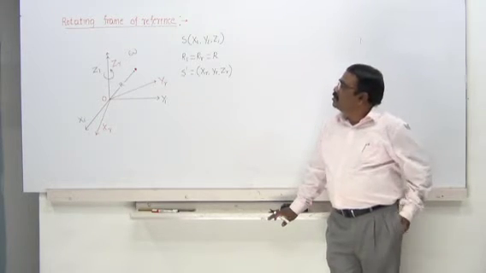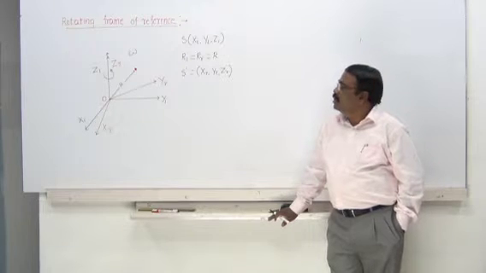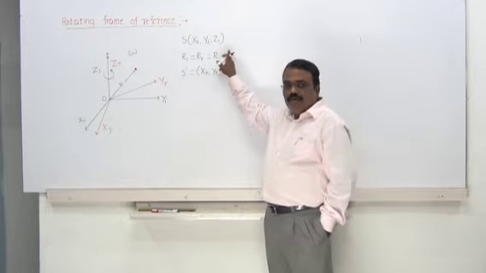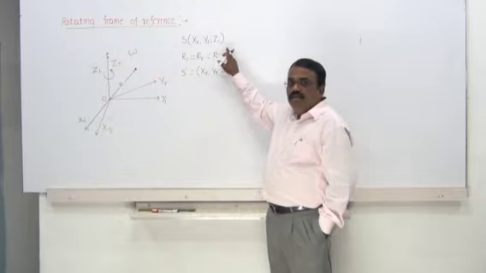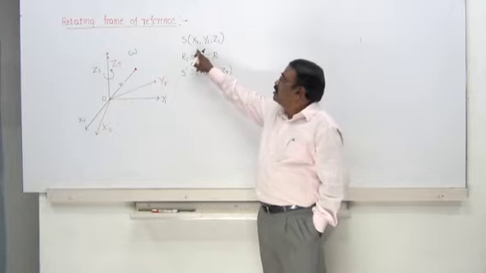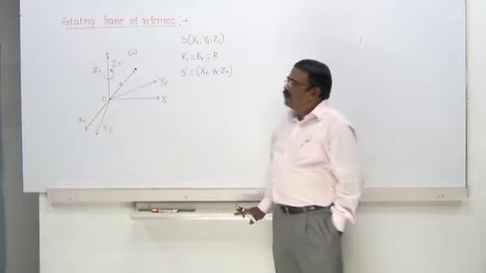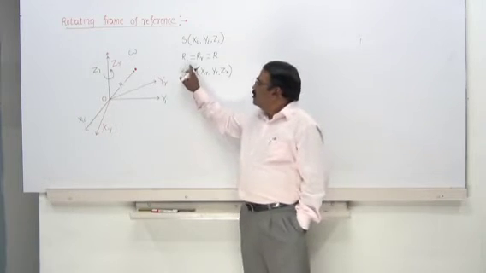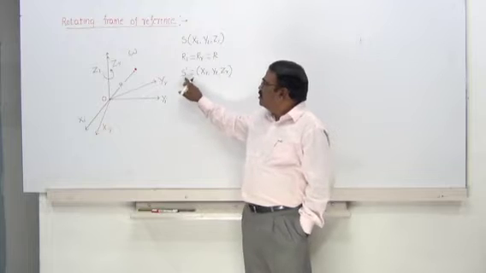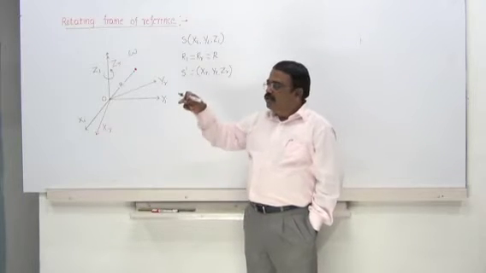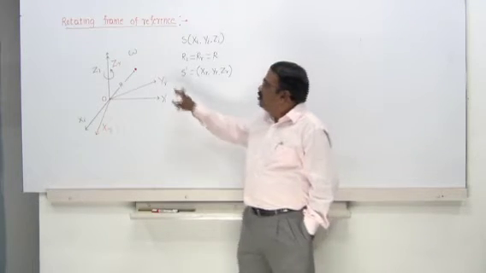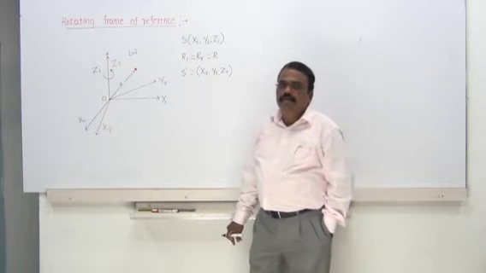So consider two frames of reference, S and S dash. S is an inertial frame of reference. It is at rest. A particle of mass m is present in the inertial frame S. And consider another frame of reference S dash, which is rotating about S with a constant angular velocity omega.